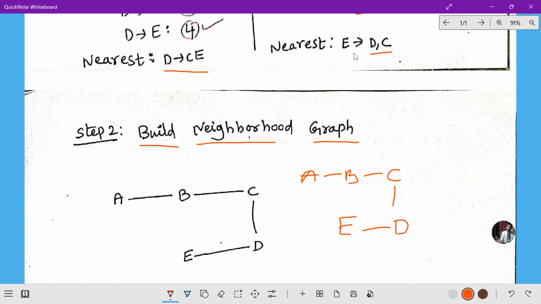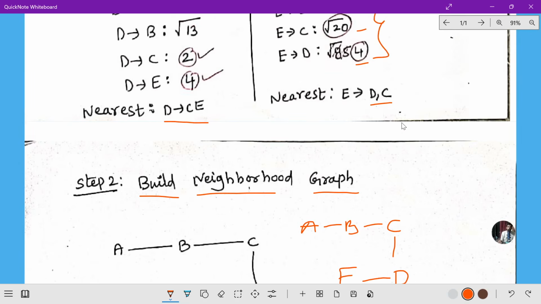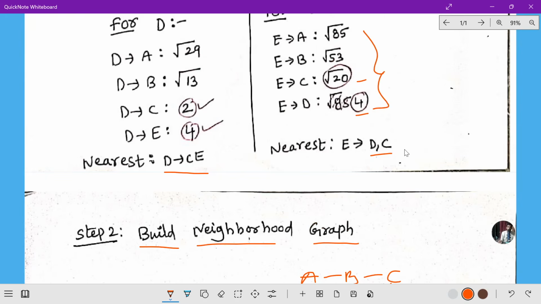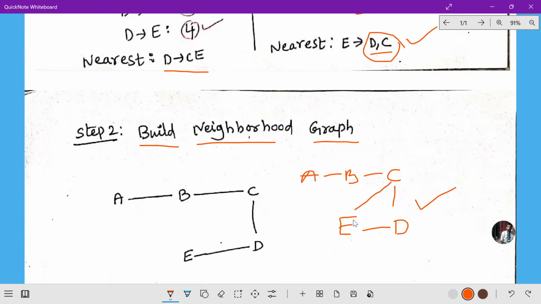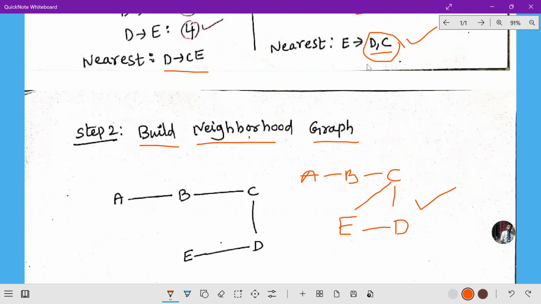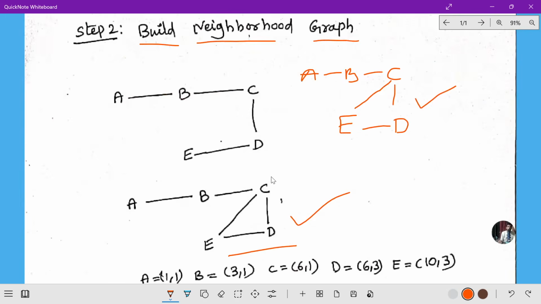E is D comma C. So in this, the values for E are E comma C. So this is called a neighborhood graph. For E, there are two values. The first one is D, the second one is C. So this is the final graph regarding these values. From these values only we have built this neighborhood graph.